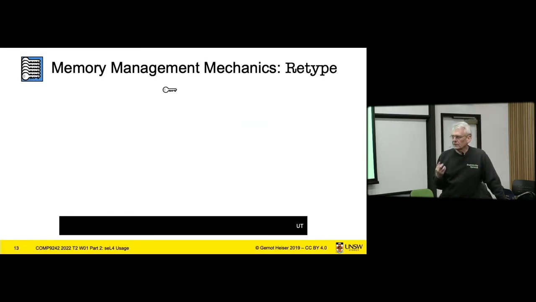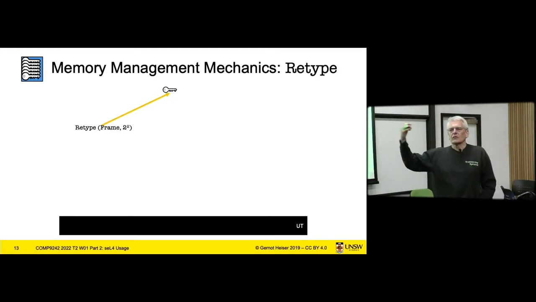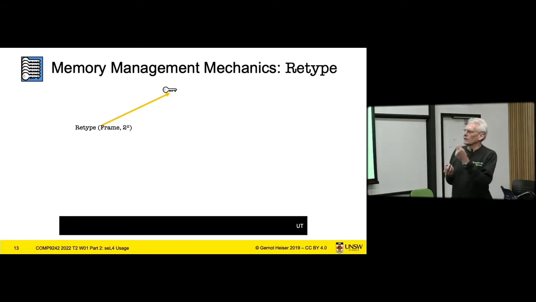And the basic mechanism that enables all that is the retype. So retype is putting unused memory to use. It's the only operation you can do on untyped memory, and it makes the memory typed. So if you have a slab of untyped memory, that's the UT down there, the black thing, and that's represented by the capability on top, then I can invoke a retype operation on that capability that says, okay, I want to retype, in this case, 2 to the 2 frames.